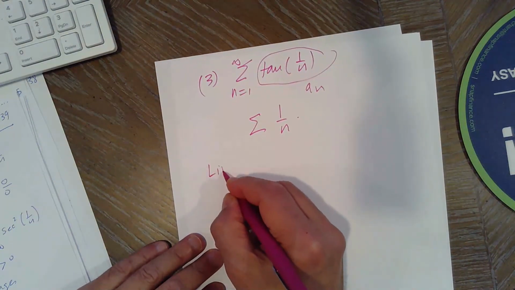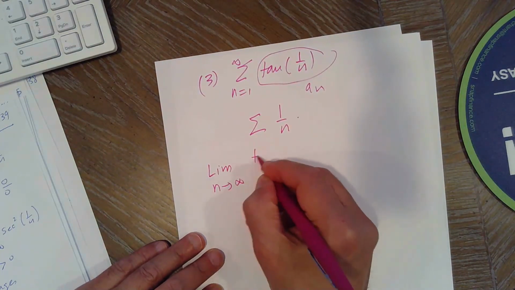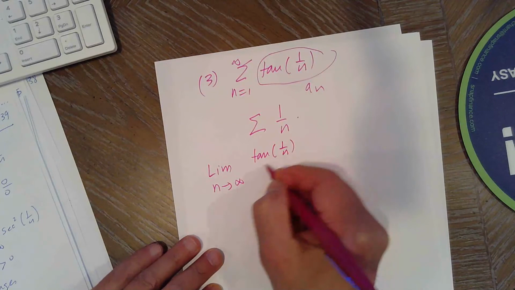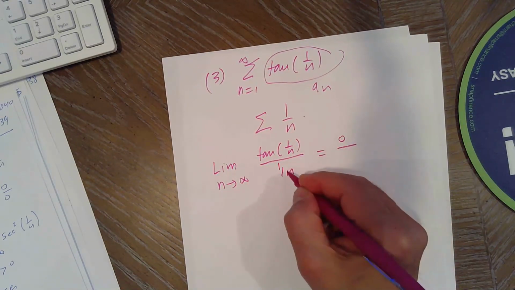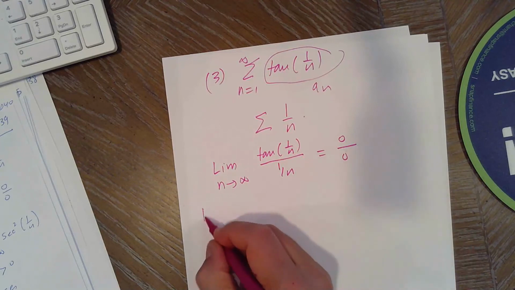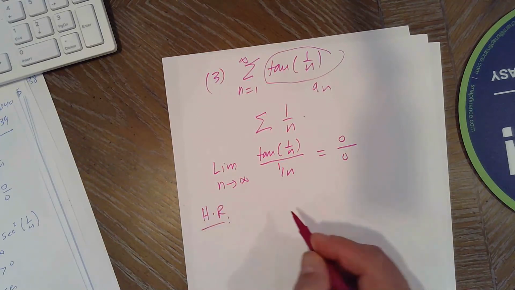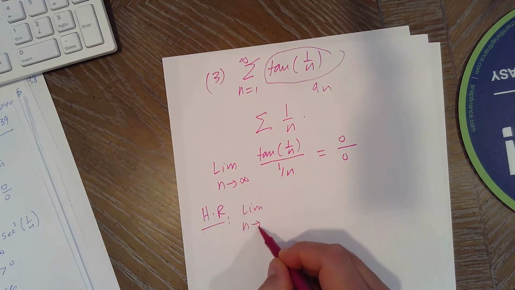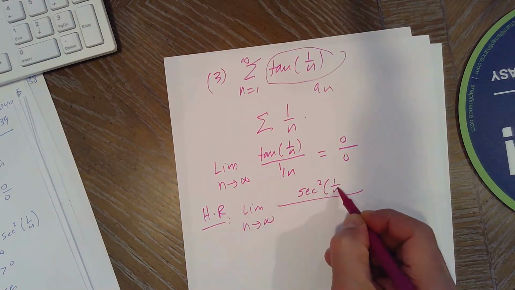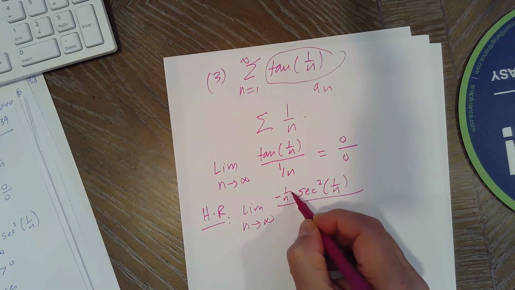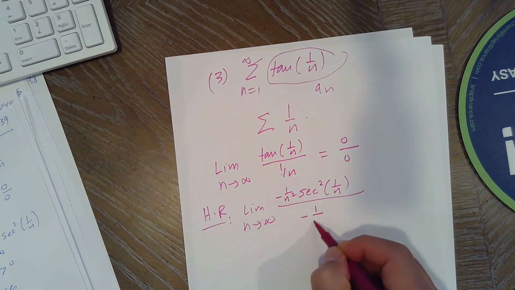So let's do the limit as n goes to infinity of tangent of 1 over n divided by 1 over n. That's tangent 0, and then 1 over infinity is 0, so we do L'Hopital's rule. The limit as n goes to infinity, the derivative of tangent is secant squared times the derivative of 1 over n, and the denominator is the derivative of 1 over n.